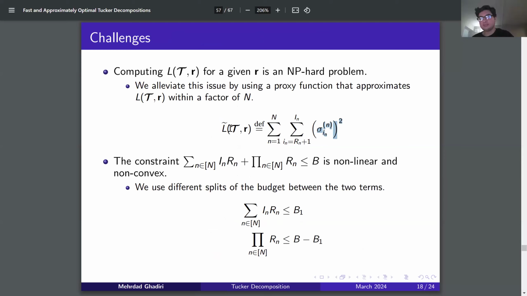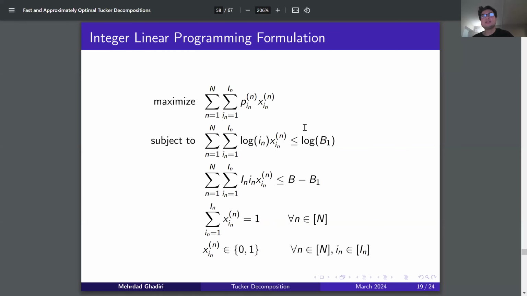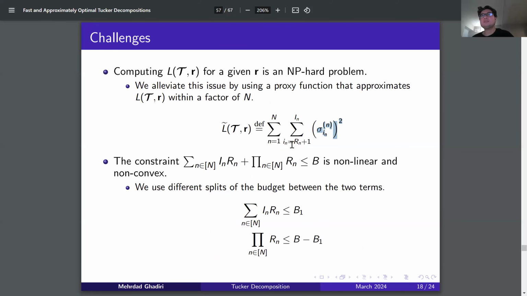So x_in shows the tail that you want to pick. For mode n, if x_in is equal to 1, it means that I'm taking the tail from i_n plus 1 to the rest of the singular values. Okay, I see. Yeah, thanks.